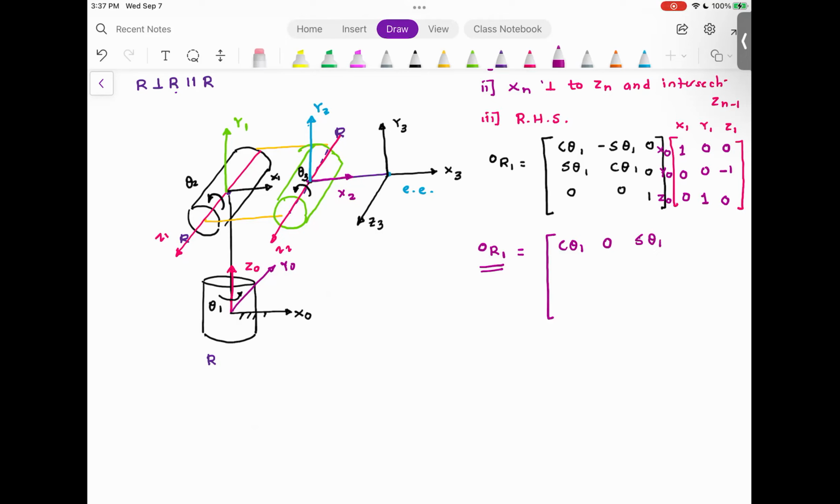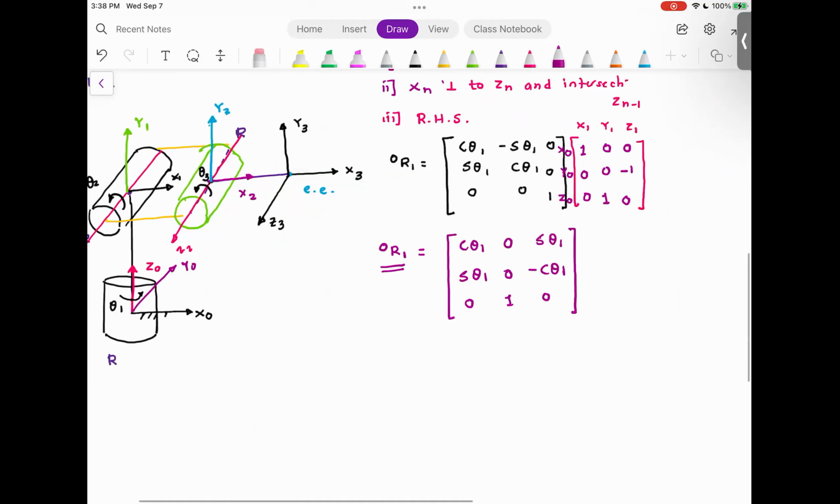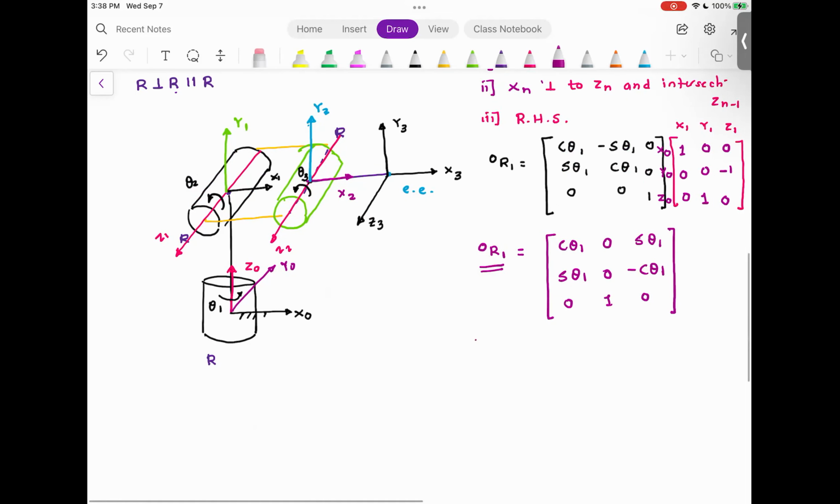So basically this becomes sine theta 1, second row, second column, and third row, third column. So this is my correct rotation transformation, and this needs to go in homogeneous transformation. So next thing is find the homogeneous transformation 0h1.